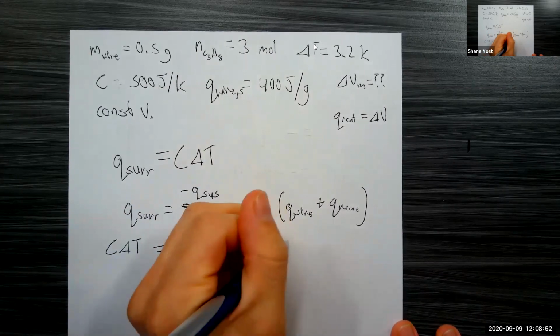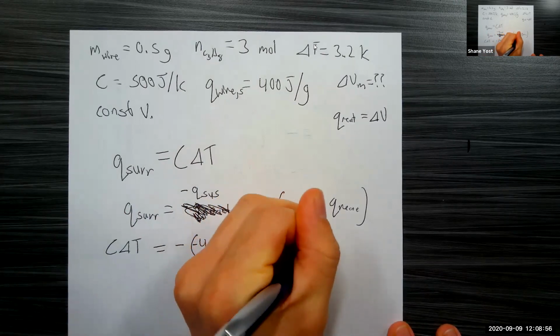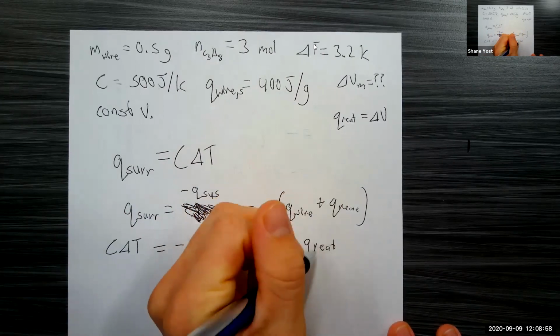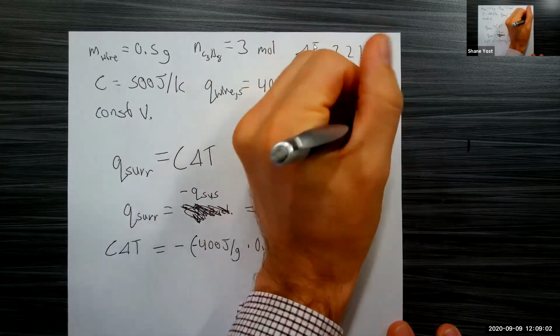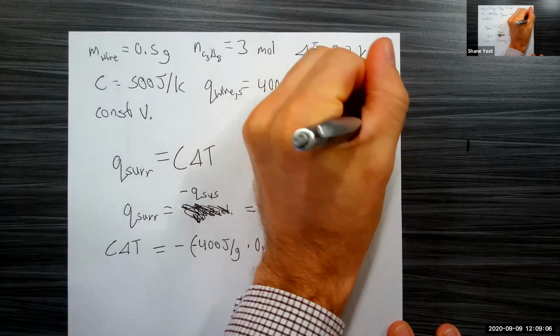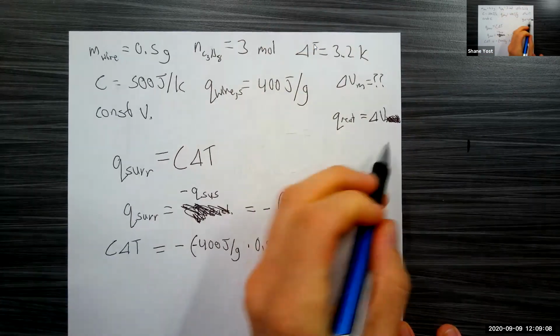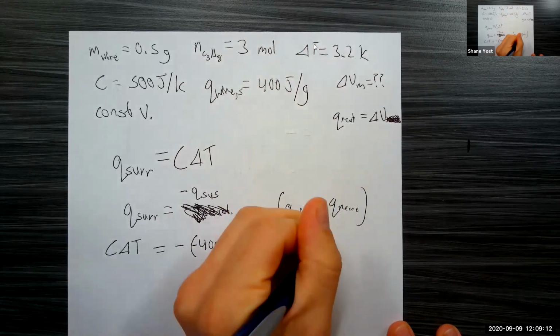And then here I have the heat from the reaction, which is related with delta U for the reaction. My change in internal energy for my reaction is related with the heat given off by the reaction.